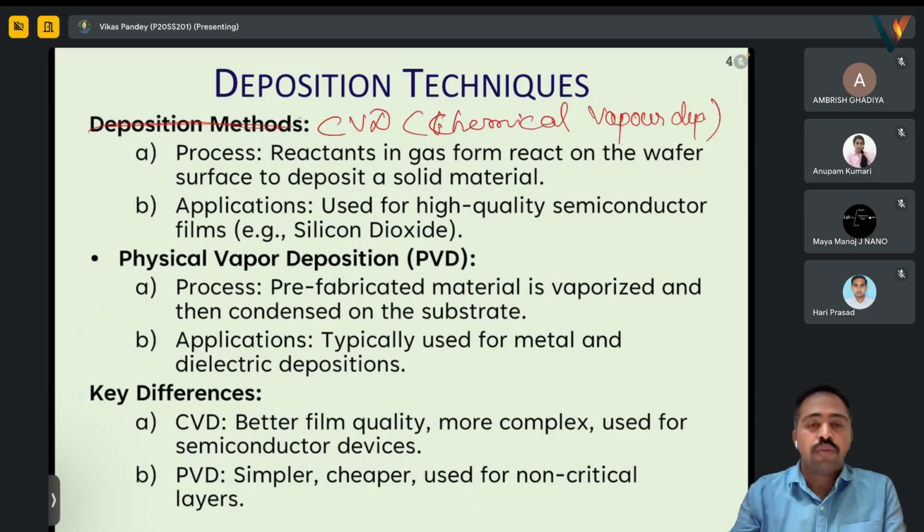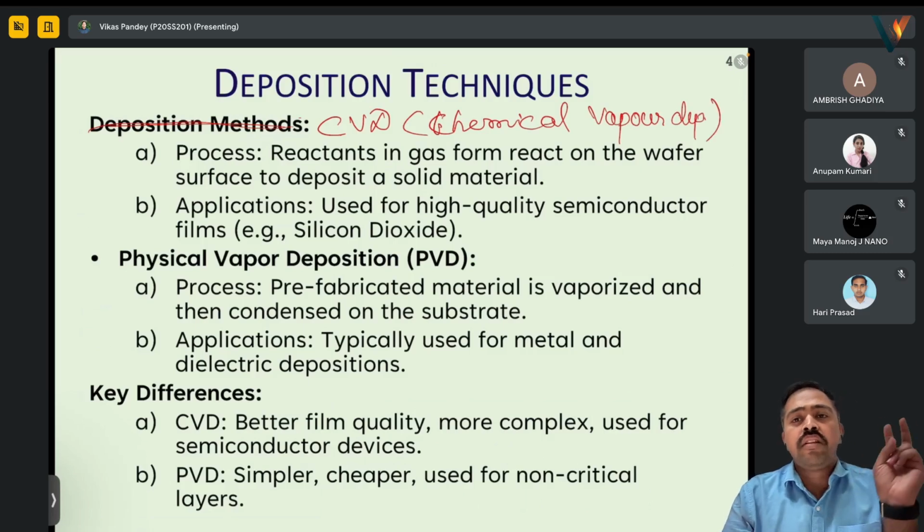Okay, so there are in general two types of deposition technique. There are multiple subtypes inside it, but basically we define the deposition technique into two. One is CVD, that is chemical vapor deposition. The other is PVD, that is physical vapor deposition.